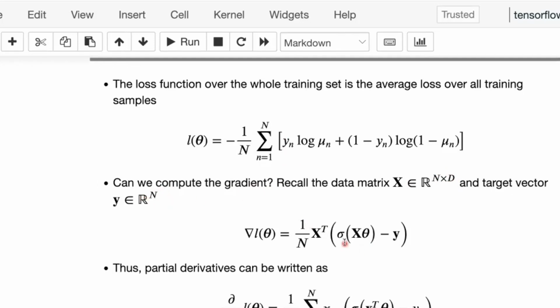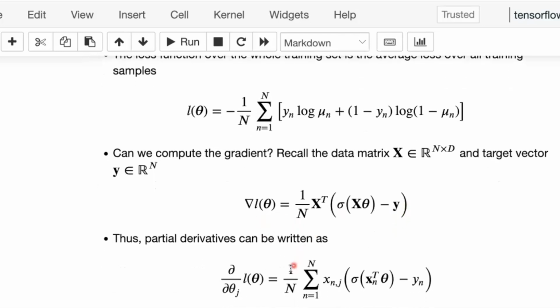The only difference here is that this X theta has to go through the sigmoid function. So we do our linear combination, we apply the sigmoid function, and this is going to be a number between 0 and 1, and then we subtract this from y, and y is a vector of outputs, which is always 0 or 1.